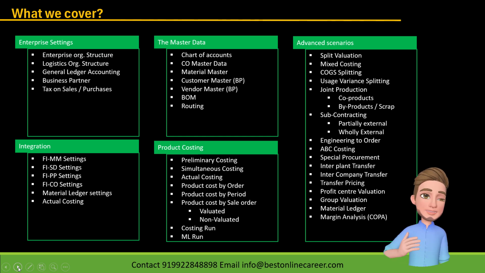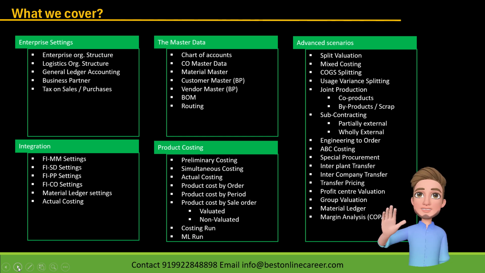We will be covering it extensively, and when it comes to product costing, we will deal with the various scenarios: what is preliminary costing, simultaneous costing, actual costing, product cost by order, product cost by period, by sales order, valuated, non-valuated, costing run, ML run, all of these.